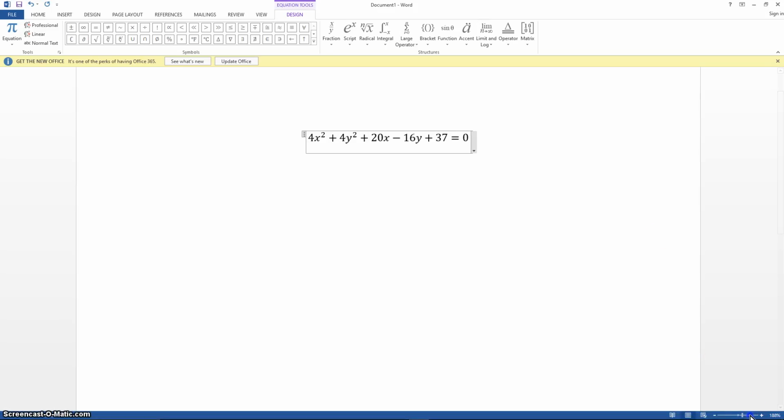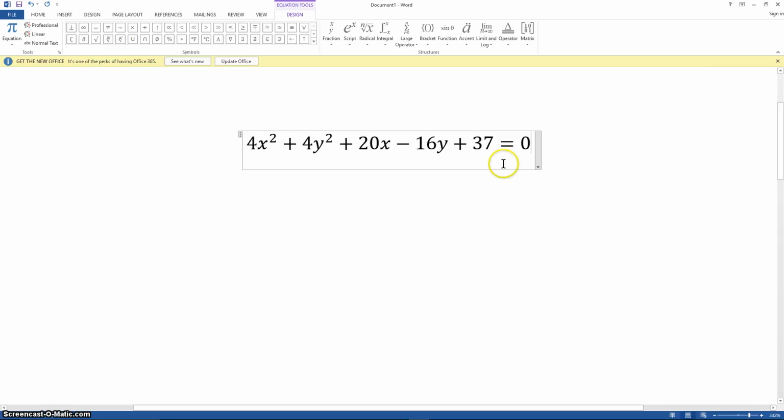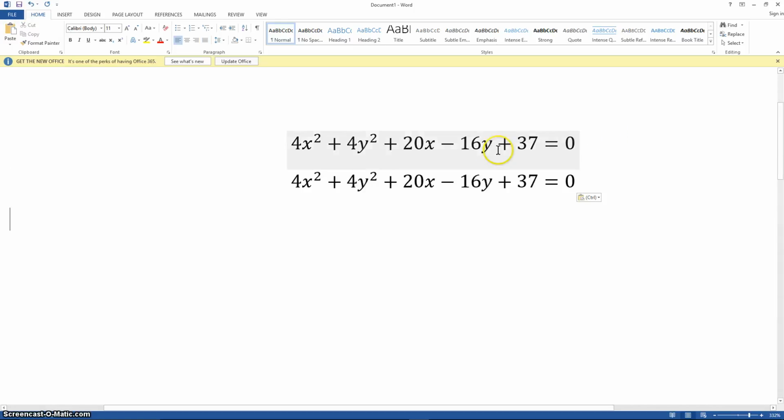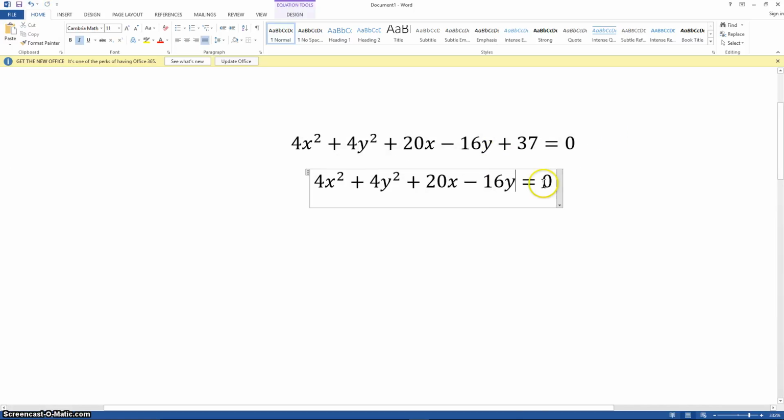Okay, so what I'm going to do is move this number, the constant, to the other side. When I move it to the other side, it'll become a negative 37 right there.